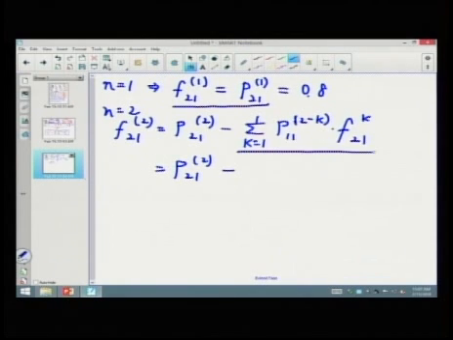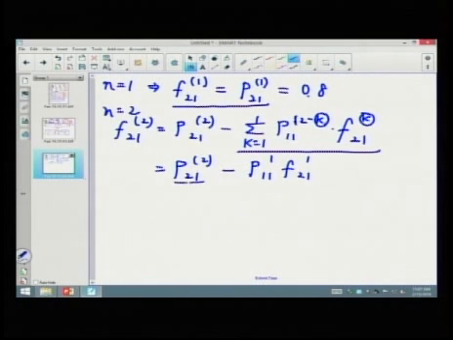And what is this part? So k can take only one value, which is 1. So we're going to have k equals 1, k equals 1 down here, right? So we're going to have p sub 1, 1, 1, f sub 2, 1, 1. Okay?